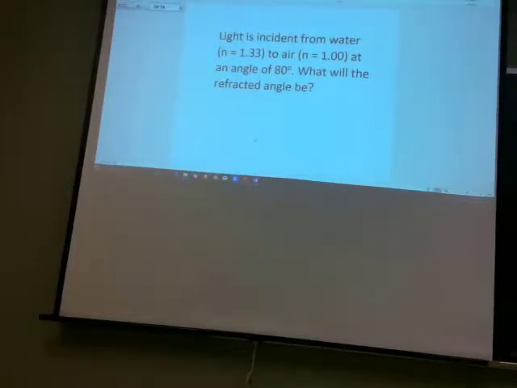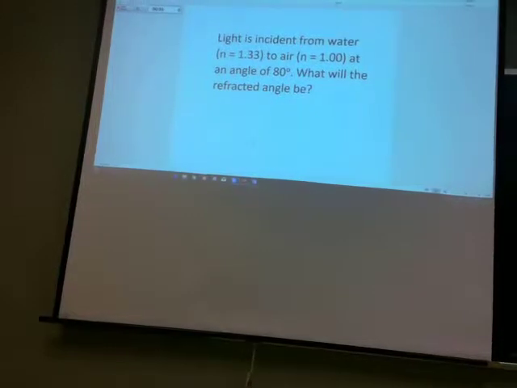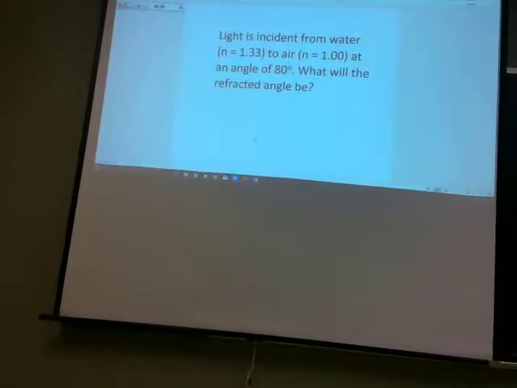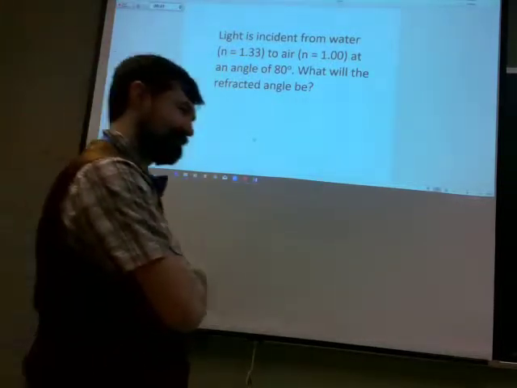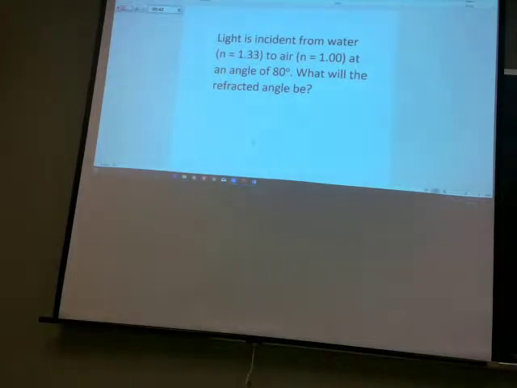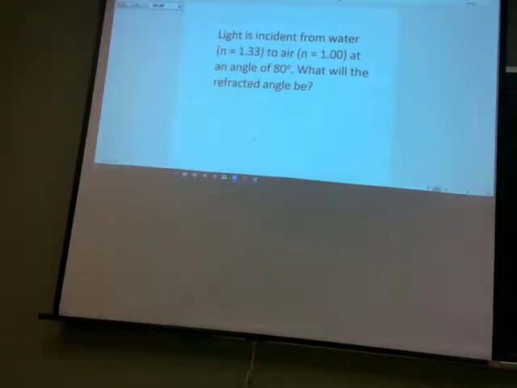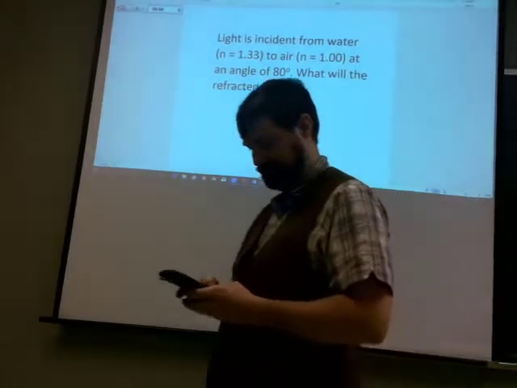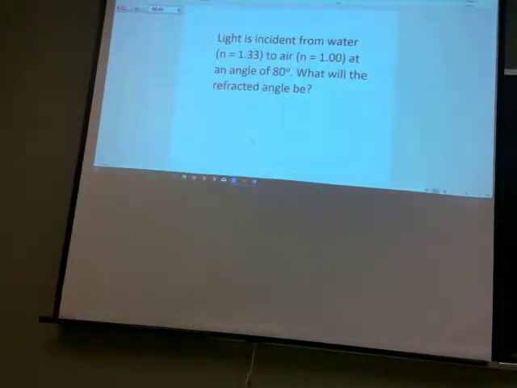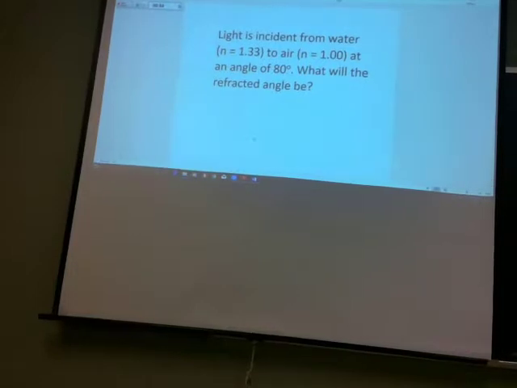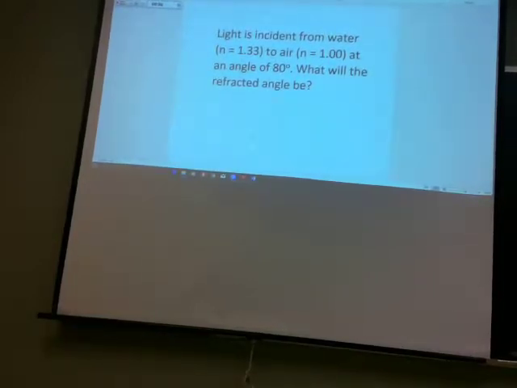Have you worked it out yet? Curious to see, because you should get as your answer sine of 80 times 1.33.